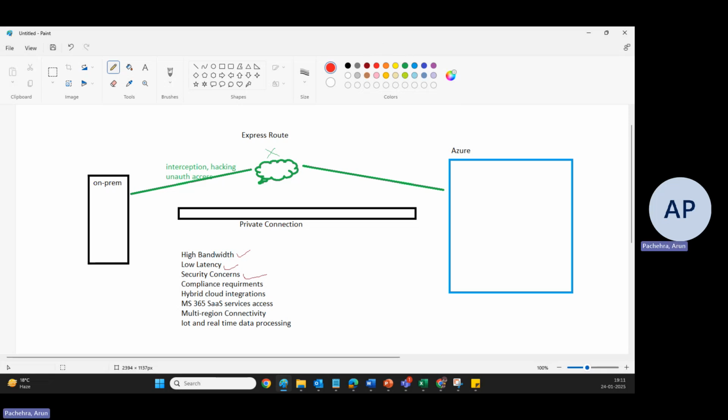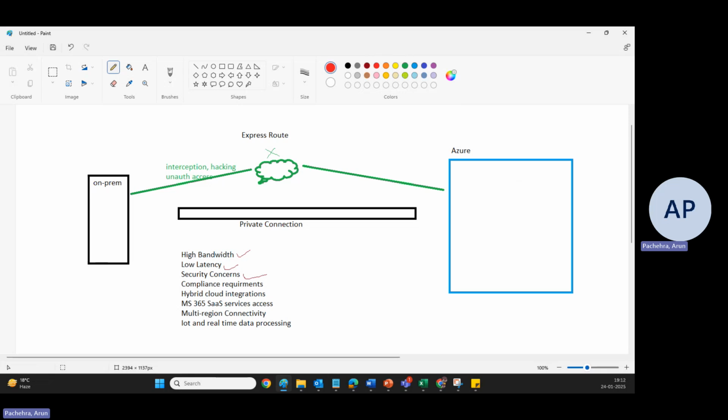Then organizations using a hybrid cloud approach, because there is on-prem and there is Azure, need seamless and secure interaction between their on-prem data center and Azure, which is often difficult over VPN.